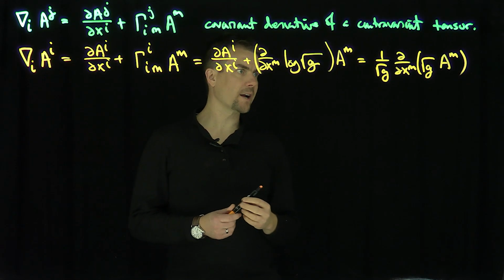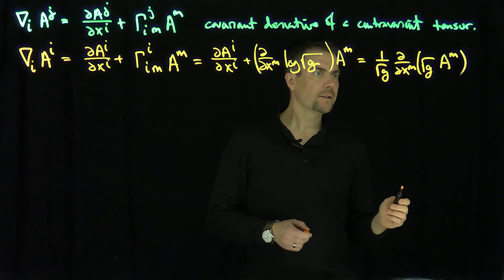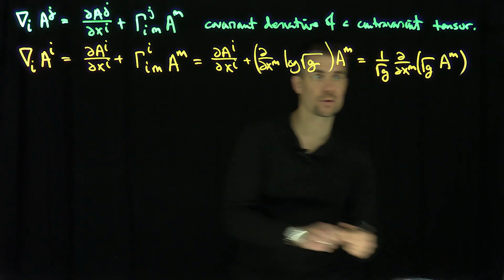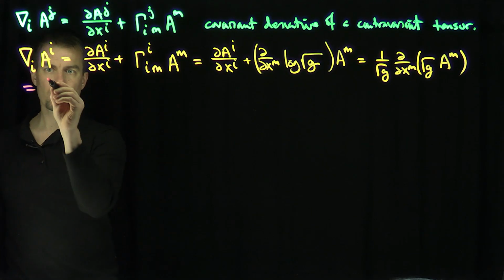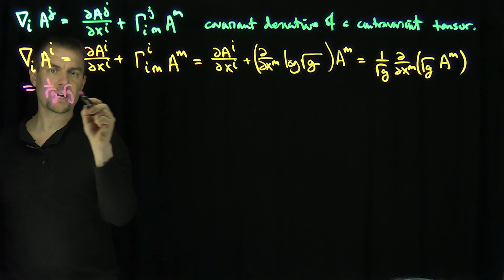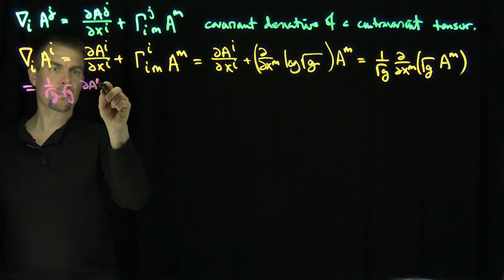Let's check. If we claim this formula is true, let's just do the calculus real fast to make sure this works. This is going to be 1 over root g, and then by the product rule, root g times ∂a^m/∂x^m.